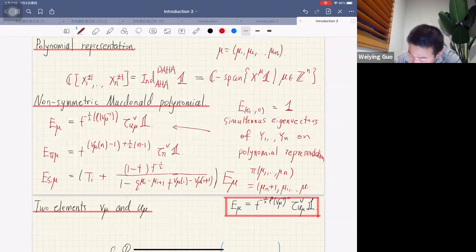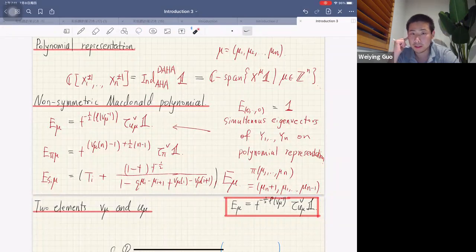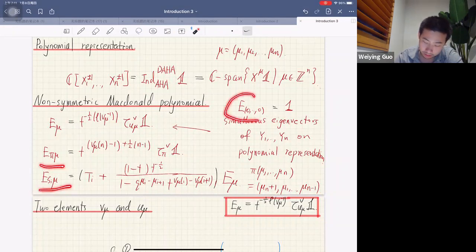This is the action of pi acting on mu_1 to mu_n. And the action of s_i on mu is simply to switch the positions i and i plus 1. So inductively, we can construct E mu just by those two operators.